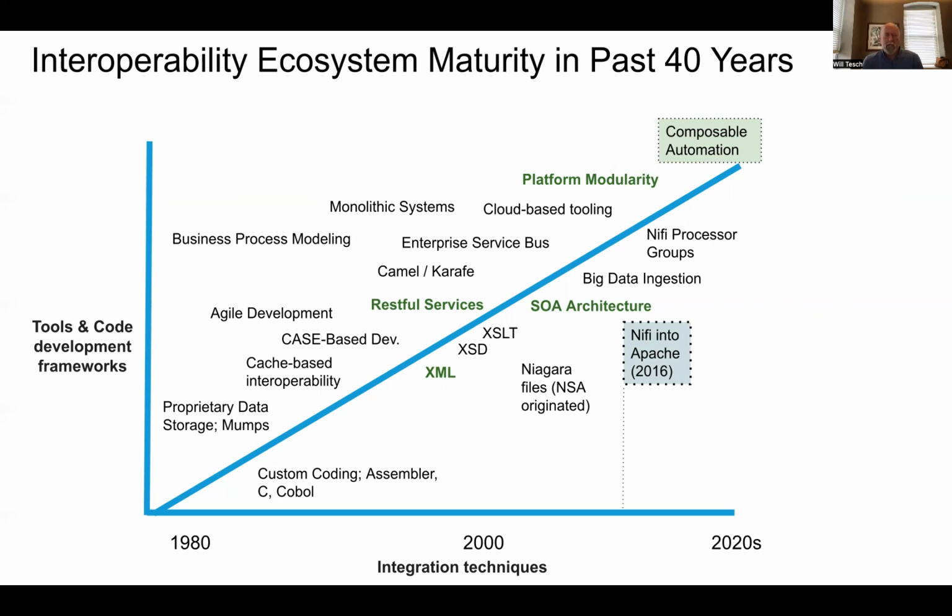It originally came from the NSA, but that underlying technology has allowed us to look at interoperability differently, and notably different, because everything else prior to NiFi was written with a fair number of constraints in terms of agility and evolution, and you'll see what I get to in a minute. But all of this contributes to an idea which we believe is called composable automation.